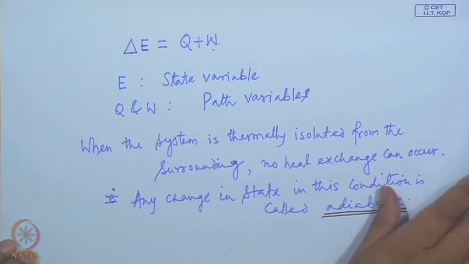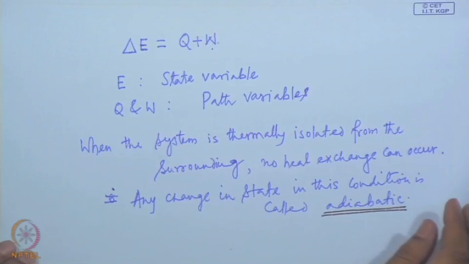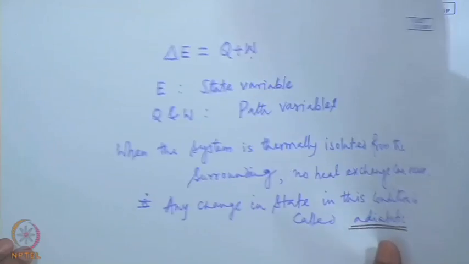Now, looking at work, the most important way of performing work on the system is by compression. If the compression is allowed in such a way that the system passes through a succession of equilibrium states, then this work done by compression can be expressed analytically.